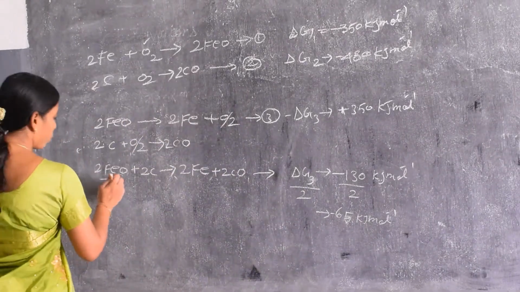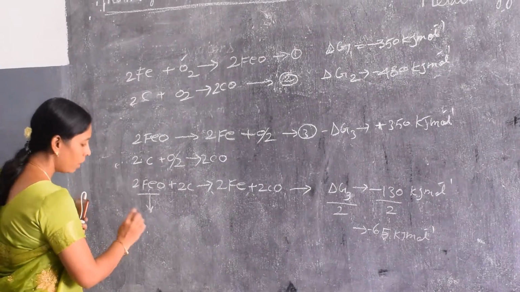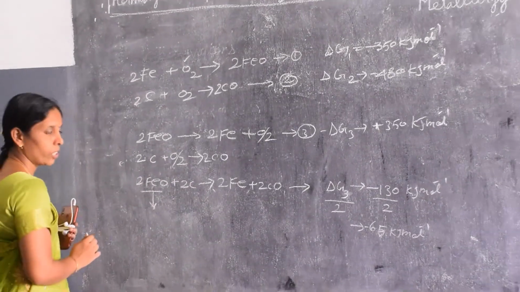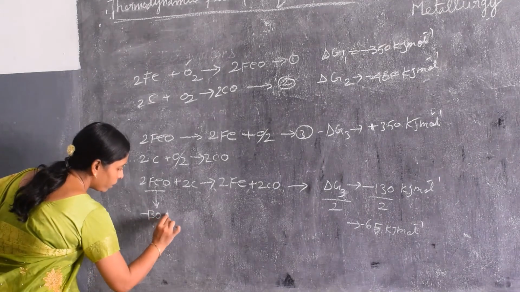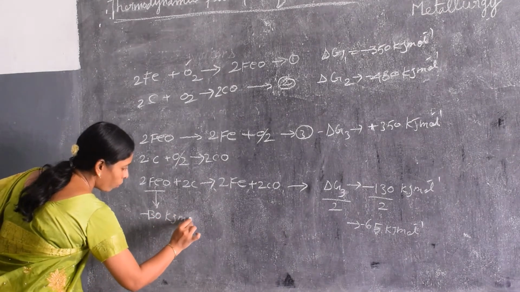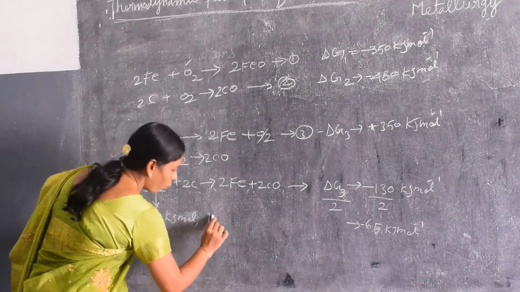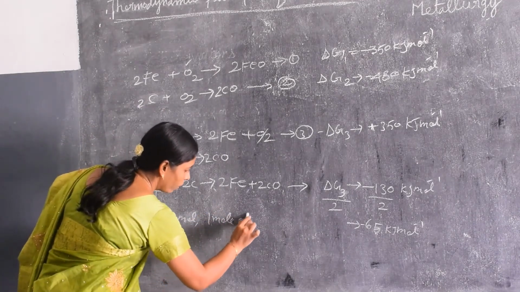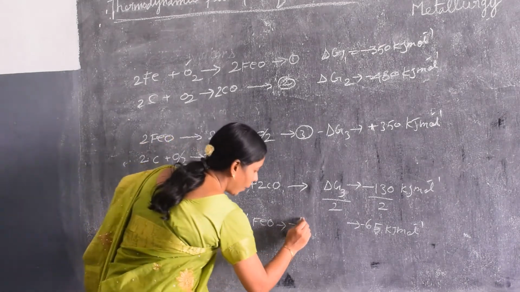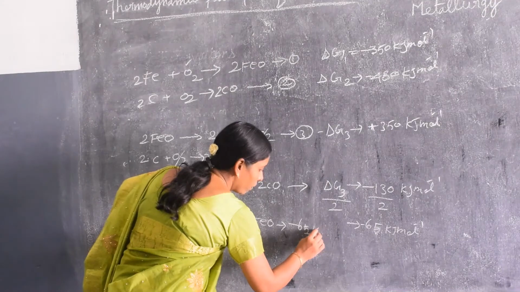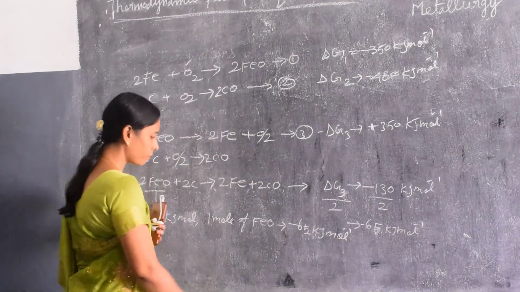So for 2 mole of reduction for carbon, the change in free energy value எவ்வளோ? -130 kilojoule mole power -1. And for 1 mole of FeO என்ன value? -65 kilojoule mole power -1.